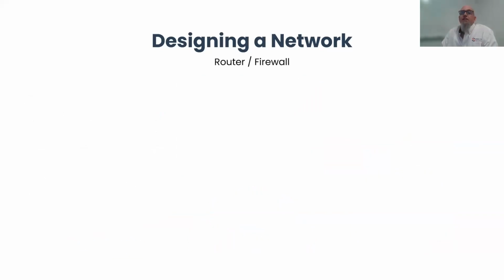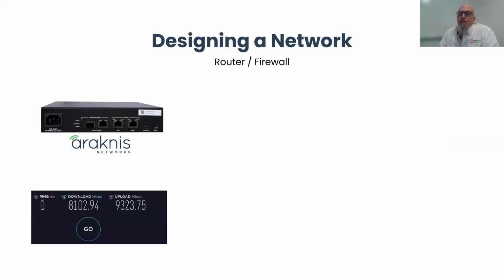When you get into designing the router and firewall selection, ask yourself, does your customer have or need multiple ISP connections? Are those ISP connections multi-gig? We've got up to 10 gig connections on ISPs now, so you have to ensure that you have a router or firewall appliance that can support that speed capability.